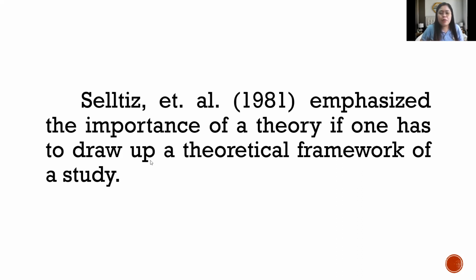Pwede siya in text, pwede siya parenthetical. Meaning, kung dili nato ibutang si Celtis diri, diri siya sa last. So Celtis before siya sa period. Celtis, this is what you're going to do, et al, and then comma, 1981, and then period.